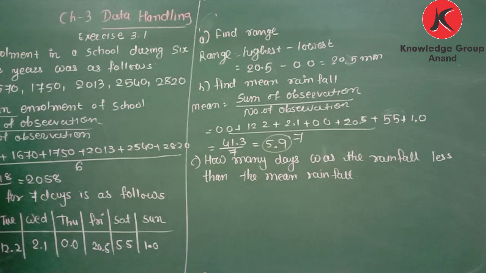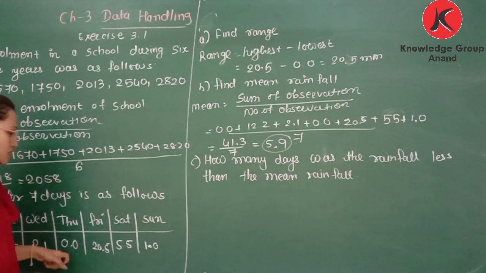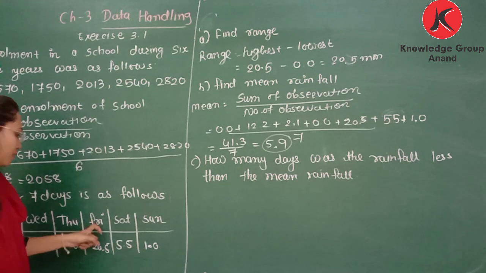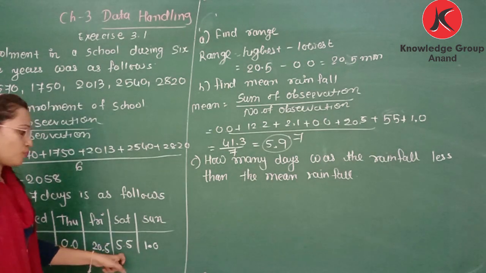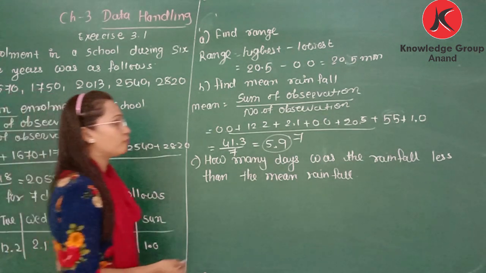So here Monday it is 0.0, Tuesday 12.2 means it is greater than the mean. Wednesday it is 2.1, Thursday it is 0.0, Friday 20.5, Saturday 5.5 and Sunday 1.0.